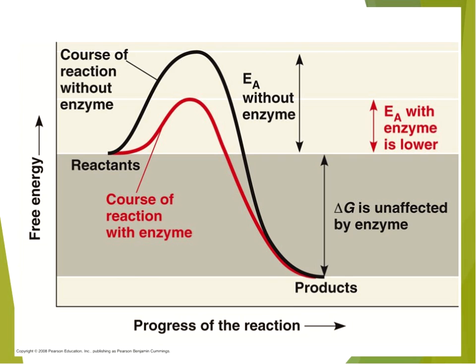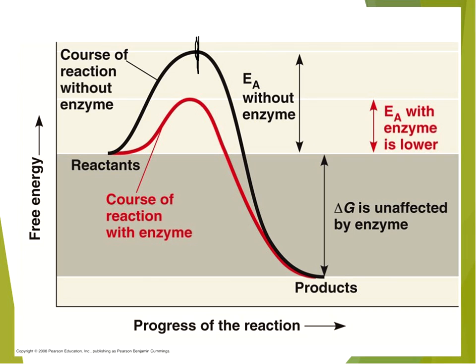So what happens is it lowers the activation energy that's necessary for the reaction. So in this graph we can see the black line here is showing you the amount of energy that's necessary, way up here, okay, to get this reaction to take place in order for the reactants to become the products.